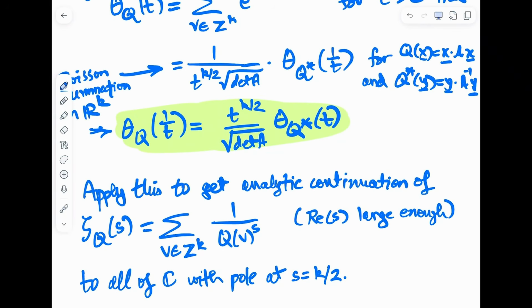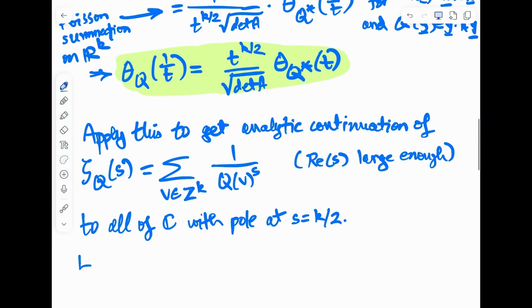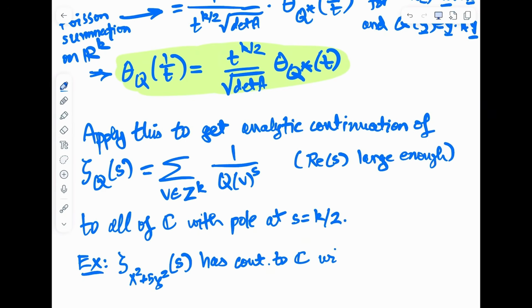So in the binary case, binary quadratic form, for instance, if I took x squared plus, I don't know, say 5y squared, this has a continuation to the complex plane with a pole at s equals 1. Okay, this is the case k equals 2. So it looks like the Riemann zeta function, which has a pole just at s equals 1. Right?